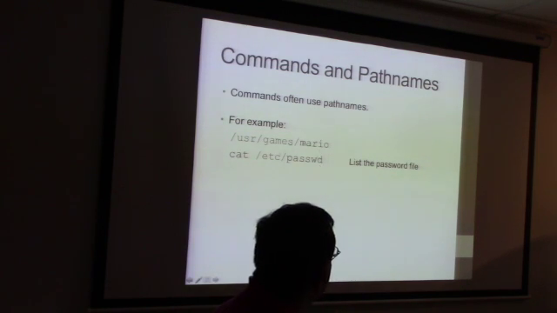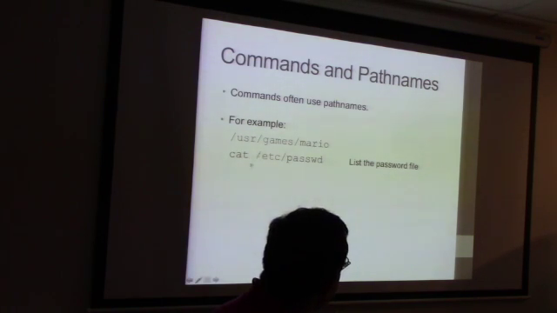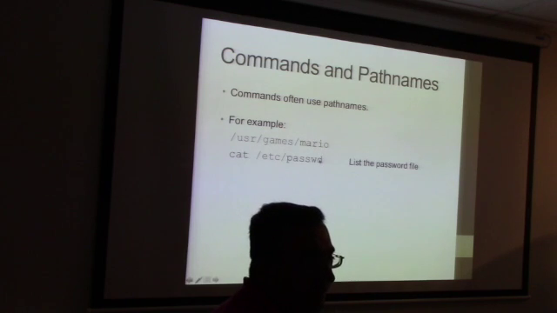Right? That's why path names are important. If you want to figure out what is in this file, but you only know the absolute location of it and it's not in your directory, then you can just start by giving it the location of the file relative to the root, or the absolute path to that file.